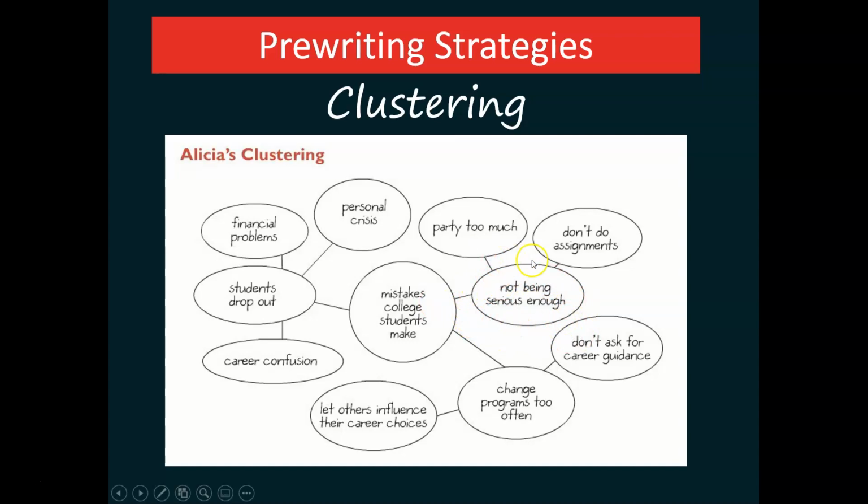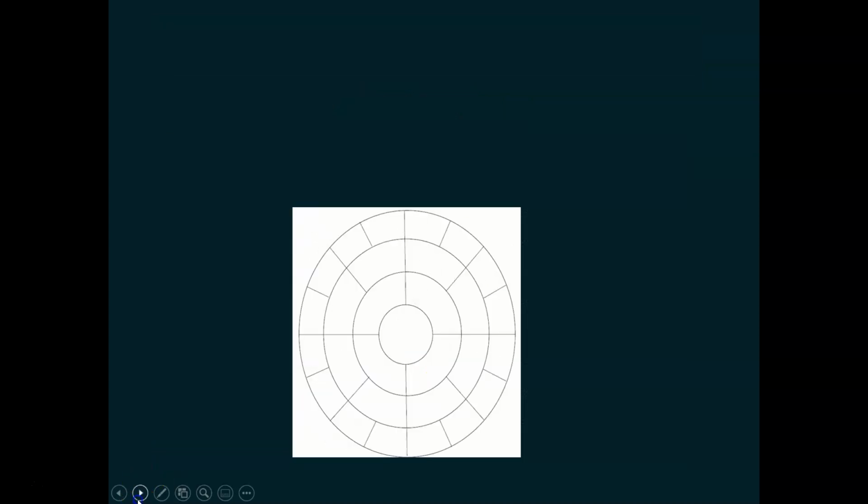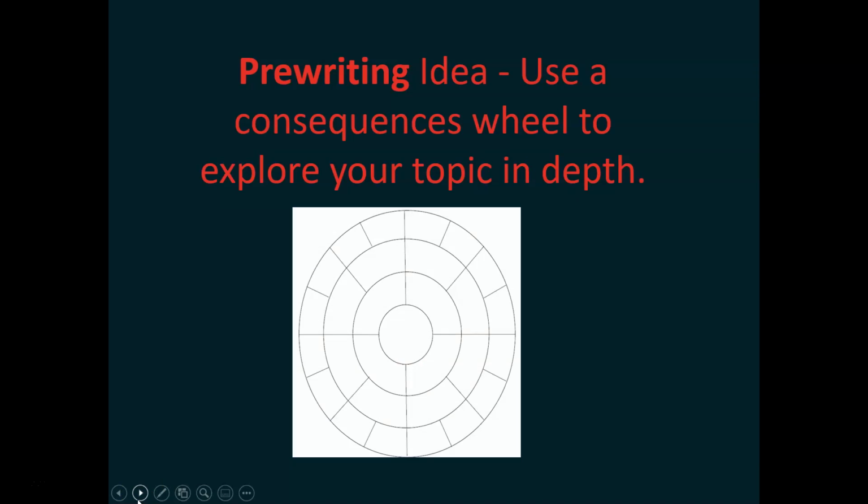And then you connect that to some more specific topics. So for example, the general topic mistakes college students make leads to one idea of not being serious enough. And that sort of has two parts, like party too much and don't do assignments. This consequences wheel is another way of pre-writing that I will show in another video.